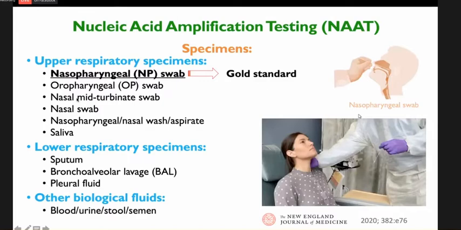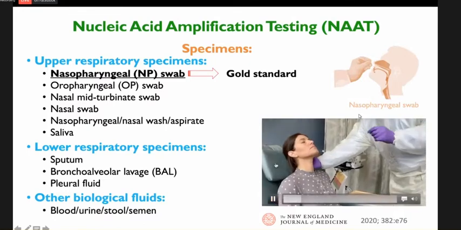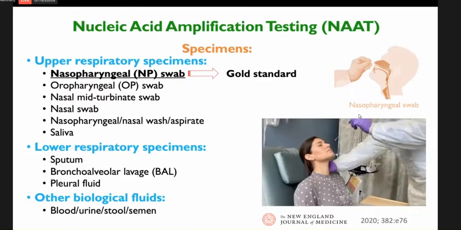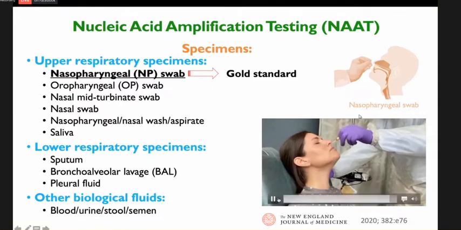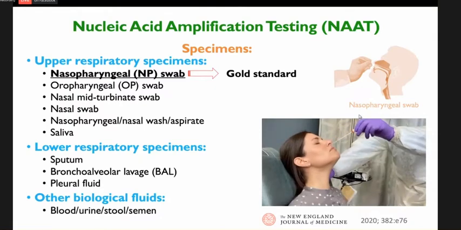SARS-CoV-2 using molecular tests. It is very crucial that adequate nasopharyngeal secretions are collected to avoid false negative results. For the collection of a nasopharyngeal swab, the swab is gently inserted into the nostril to the nasopharynx, and the swab should reach a depth equal to the distance from the nostril to the outer opening of the ear, and we should leave the swab in place for several seconds to absorb the secretion.